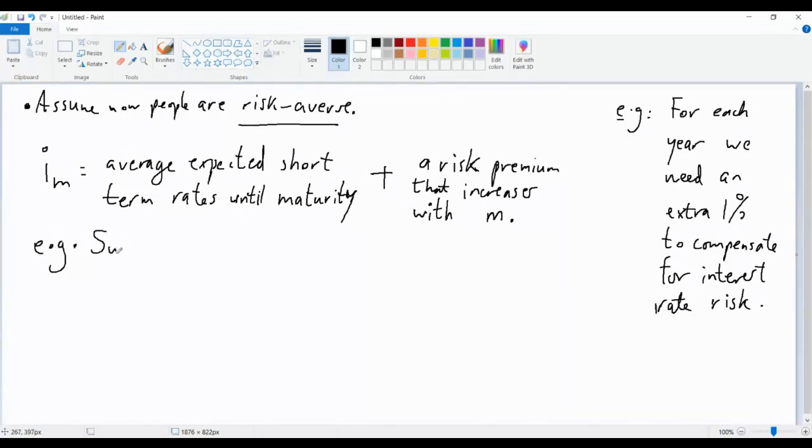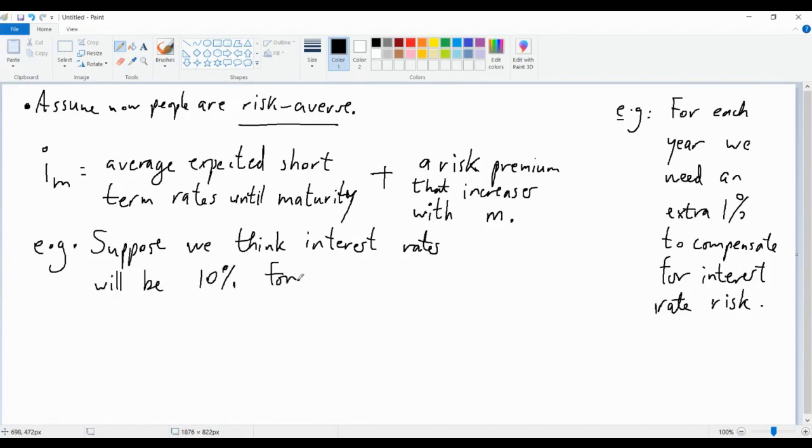Let's make things simple, and suppose we think short-term interest rates will be 10% forever. That makes life simple, then our short-term rate, I_1, according to our theory, is 10%, right?